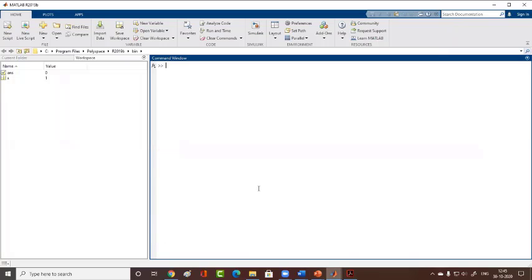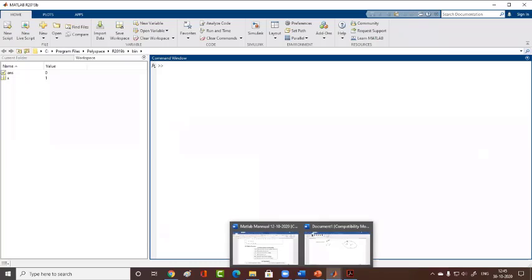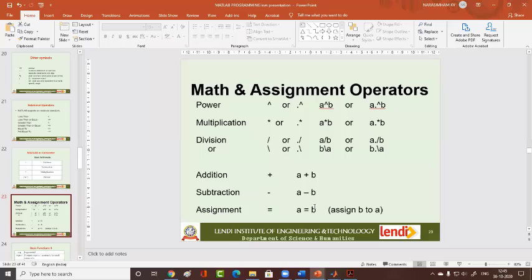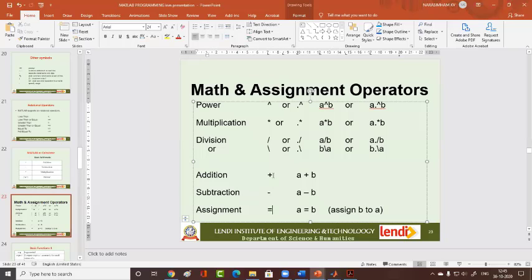Now coming to a very, very important point, listen carefully. Assignment operator is already discussed, addition, subtraction, multiplication, division and right division, then coming to power.